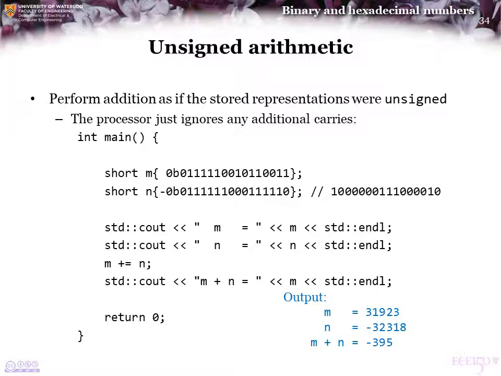Now let's negate the second number, which was larger. Now we are adding a smaller positive number to a larger negative number, and the result should be negative. And in fact, when we run this program, yes, we see that the output is negative 395. Let's again see how that is done.